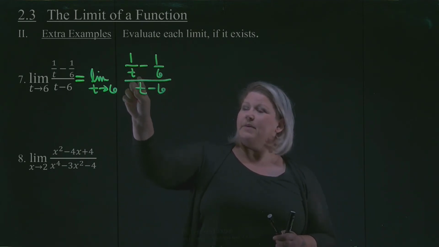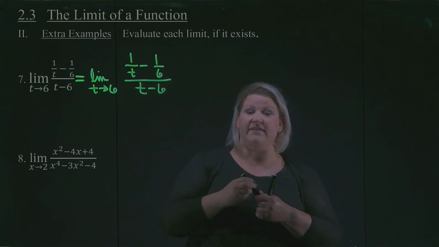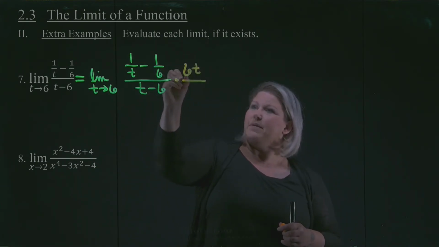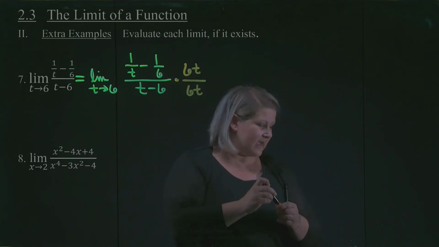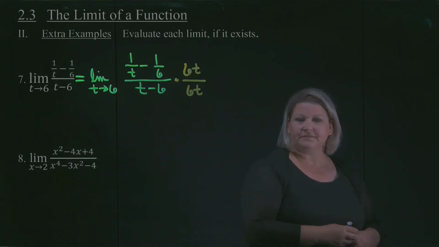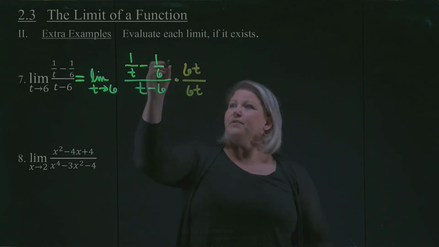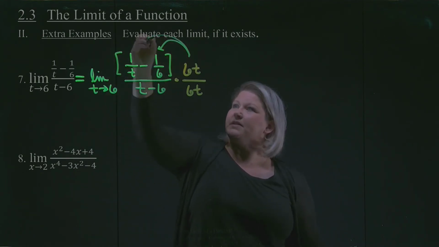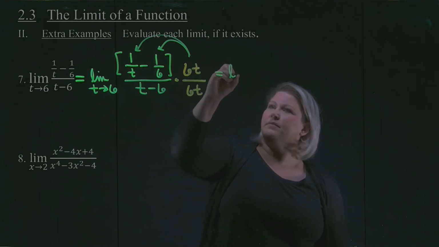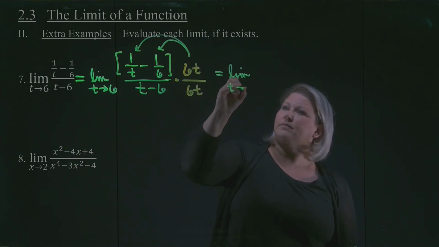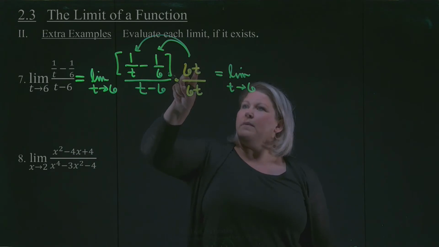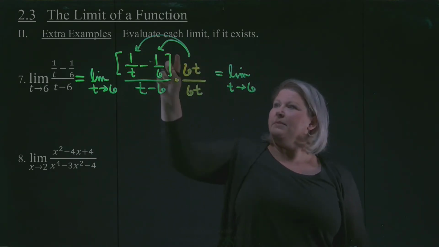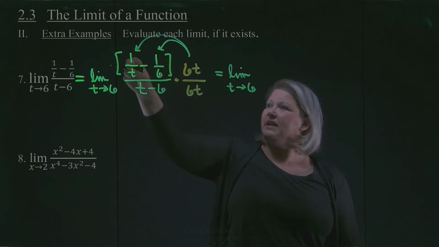Here, and I'm ignoring this denominator. Here, I have a denominator of t. Here, I have a denominator of 6. So what I'm going to do is multiply the top and the bottom by 6t. When I do that, keep in mind this is a binomial. I'm going to multiply this here and here. When I multiply this out by the first one, the t's are going to cancel, and I'm just going to end up with 6 times the numerator.